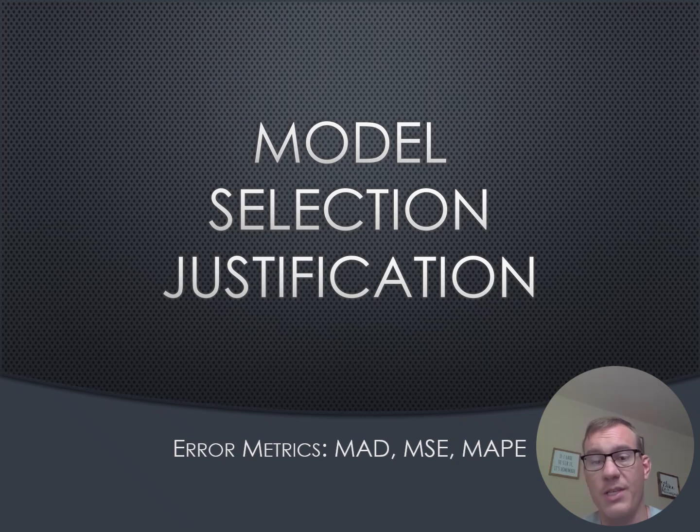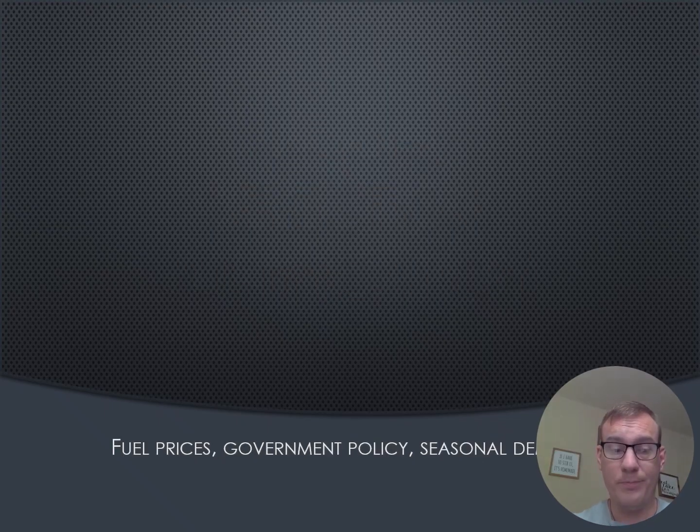It changed the error metrics drastically. Same thing with the exponential smoothing, all of that. Everything was all over the place. But we used those to justify the selections that I mentioned previously.